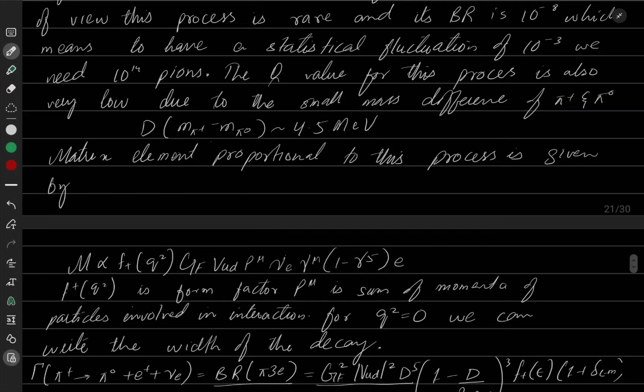Okay, so if you look at the magnitude of this process, then it is proportional to F plus of Q square, GF, VUD, and the current ū_ν γ^μ (1 − γ5) e, where F plus of Q square is actually the form factor, P mu is the sum of momenta of the interacting particles, and VUD is the parameter that we are interested in.